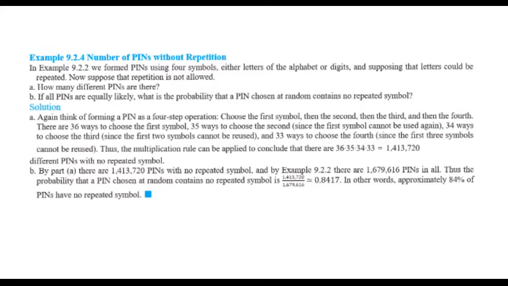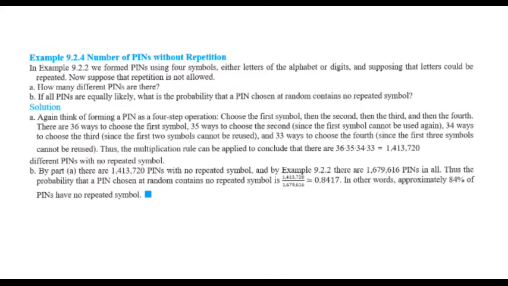In part B, we are asked to find the probability of choosing a pin with no repeated symbol. So we need to find the ratio of 1,413,720 different pins with no repetition divided by 1,679,616 different pins which may have repeated symbols, right?